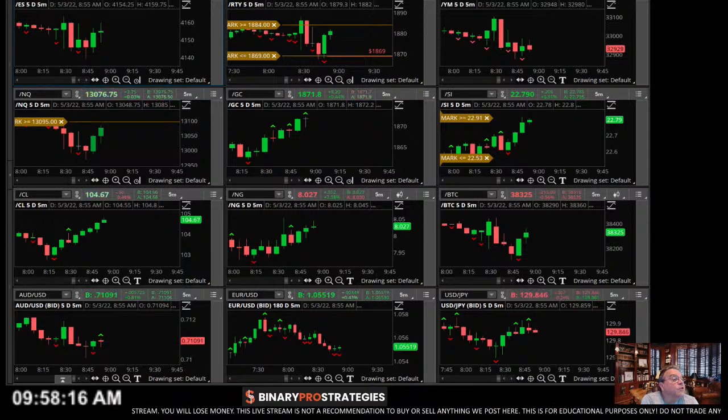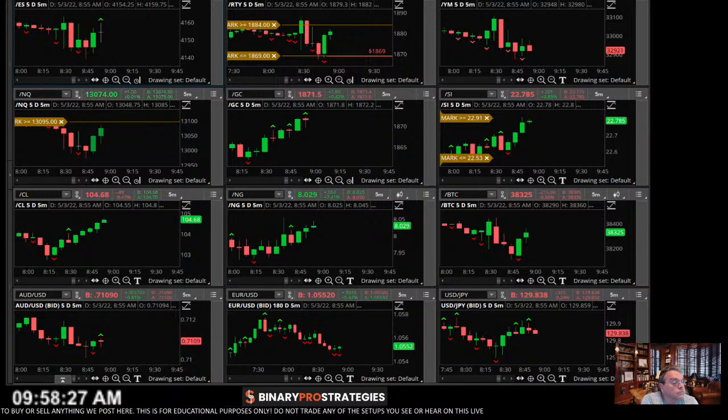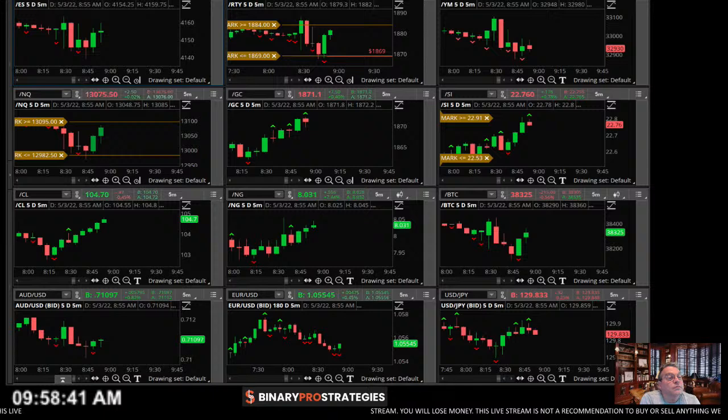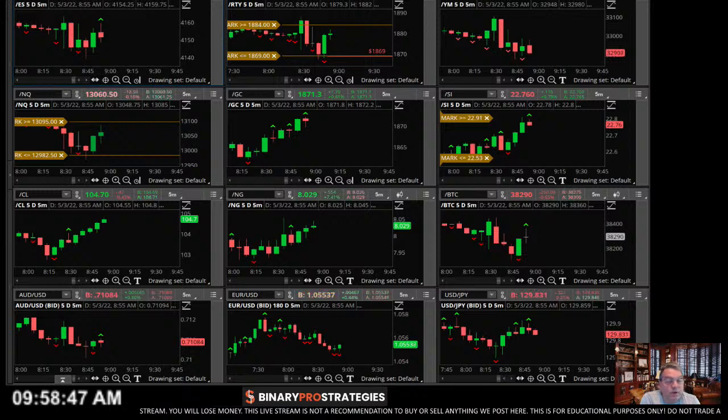If we need the reverse in US Tech, it's going to be 12982.5. Once again, long RTY, target RTY is 1884. Long NQ as well, 13095 target. Long silver, 22.91 target.